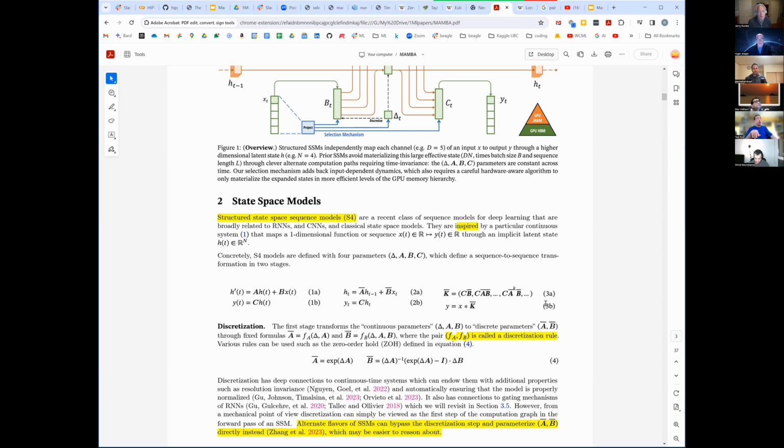So H prime equals some constant A, which is just a number, like 1.1, times H. If the first derivative equals a certain multiplier of your state, then basically this thing is not going to grow linearly, right?